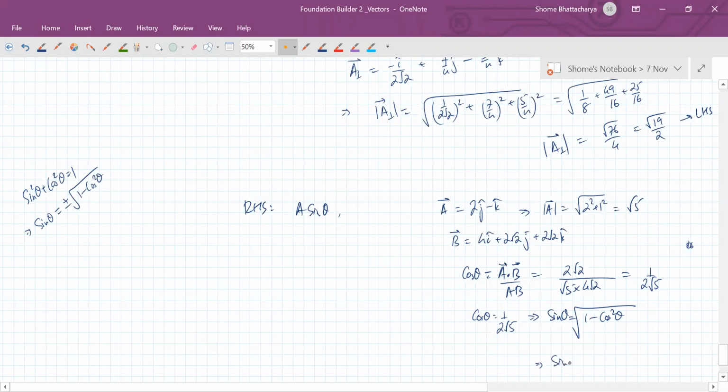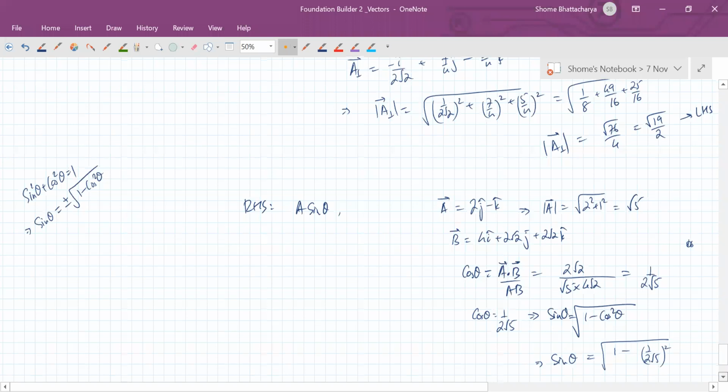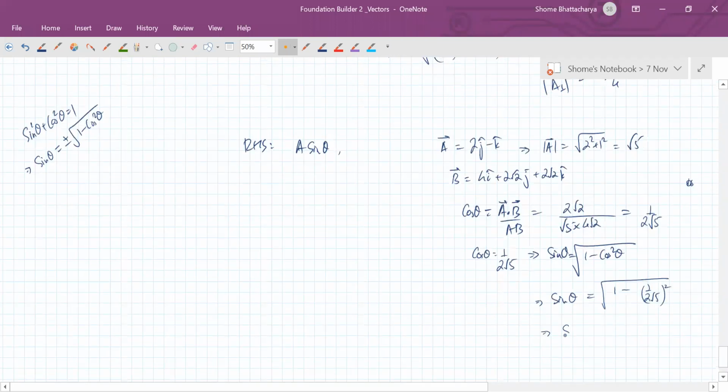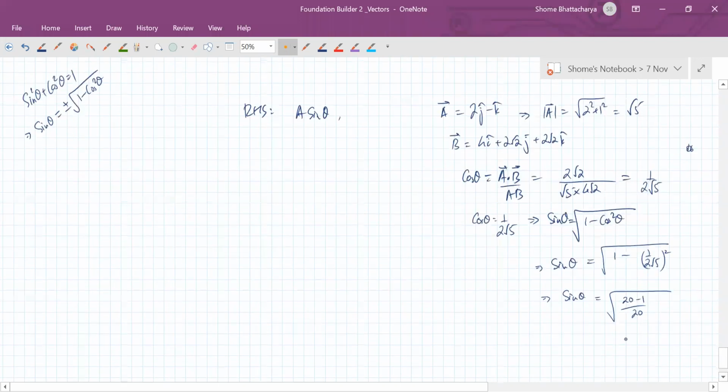Here we'll just take the magnitude because we're taking the mod of that vector anyway. So sin theta will become square root of 19 by 20. That is sin theta. So you got sin theta, you got magnitude of A.